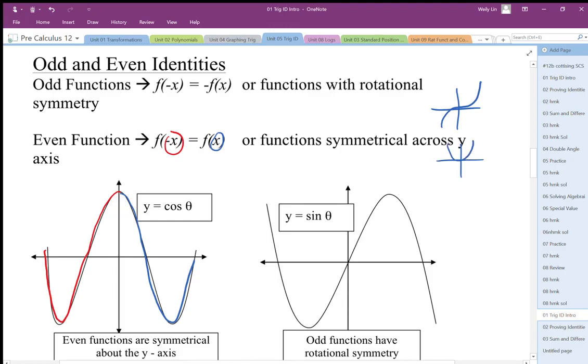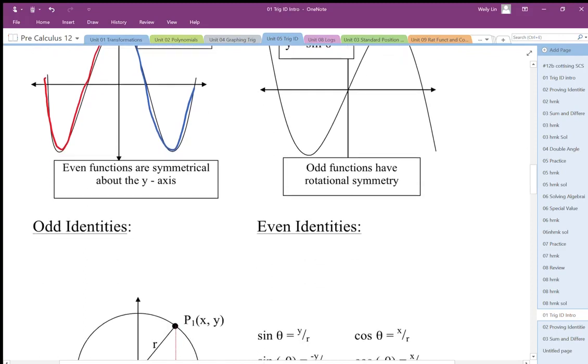So this is where the odd and even names come from. Essentially, even identities are when we can fold across like this, and it looks like this: f of negative x equals f of x. For odd, the rotational ones, we can say that the horizontal flip and the vertical flip are equivalent.